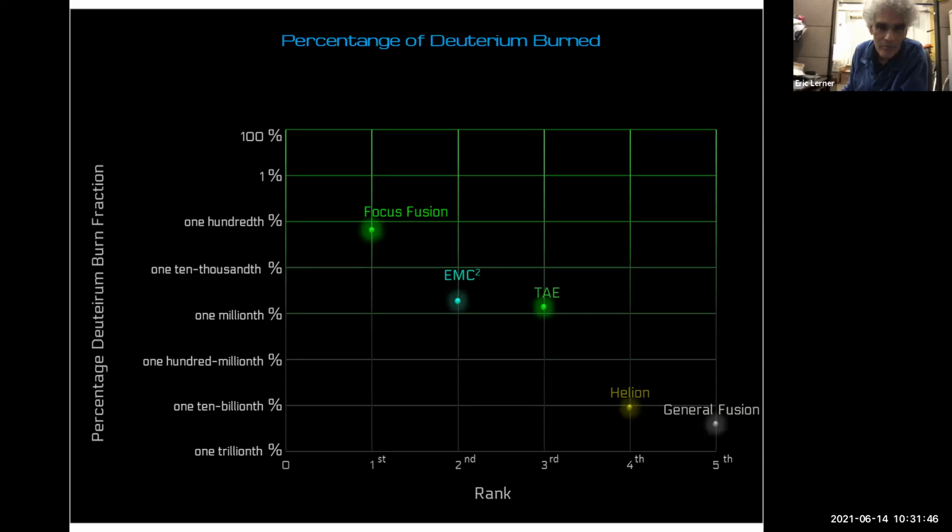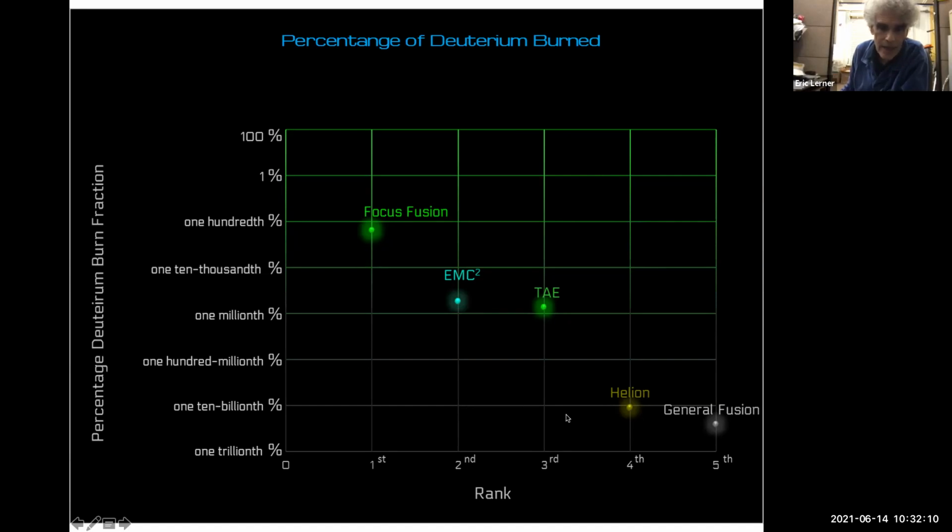The way we have presented this to investors is percentage of deuterium burned, which is sort of an easier to understand stand-in for the n-tau-T parameter.